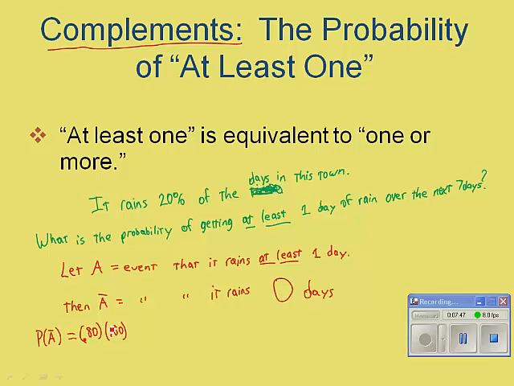I'm only allowed to do that if I know that those events are independent. And in all honesty, they're not. If it rains today, it's more likely it'll also rain tomorrow. It might carry over. Big storm. This is why maybe making up an example is not the best idea.